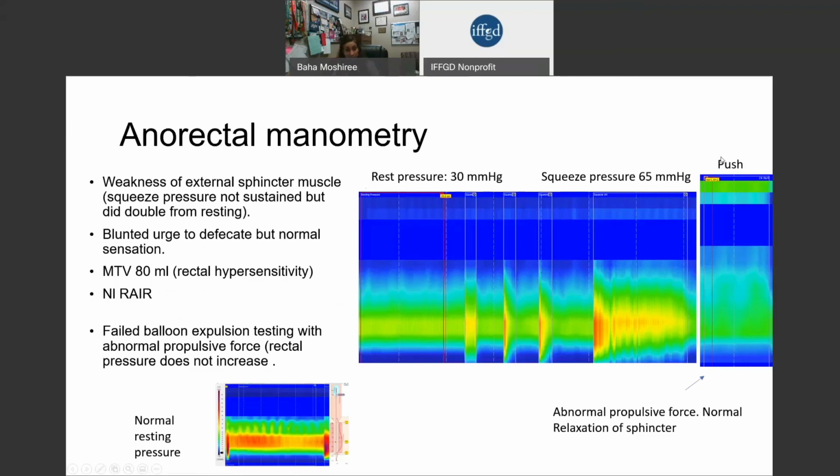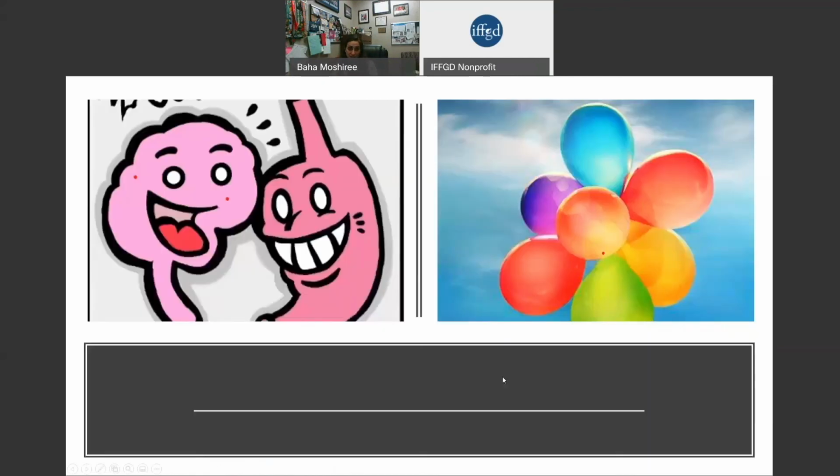Anorectal manometry, which is depicted here, is the way we diagnose it. We test patients' squeeze, their muscle control, and their relaxation, and all of that in a color topography as we depict here helps us determine whether patients have these conditions that we talked about.